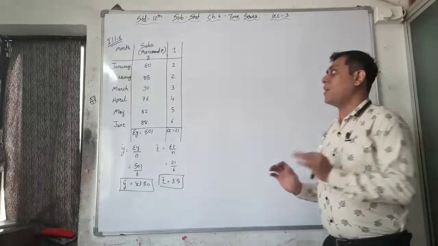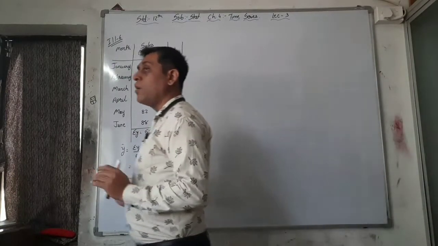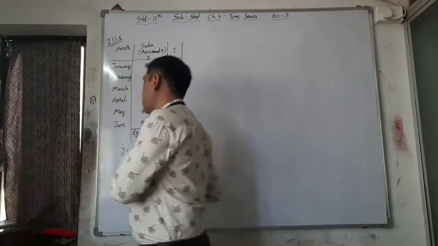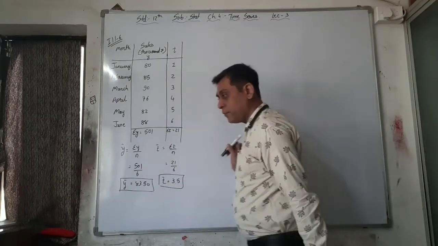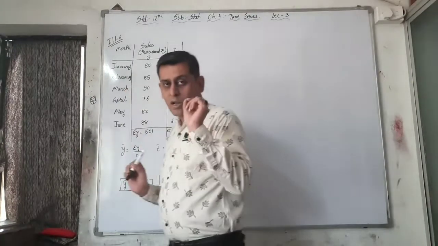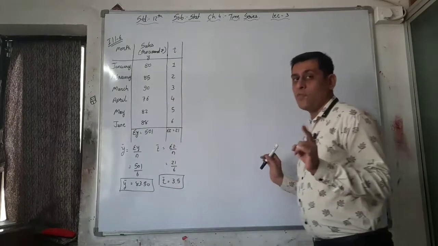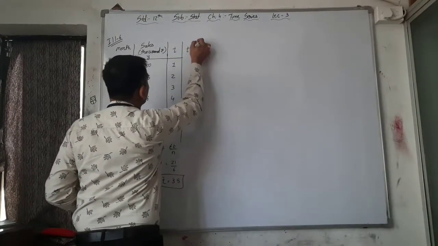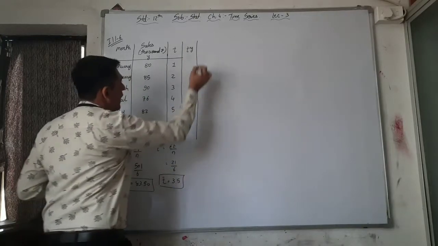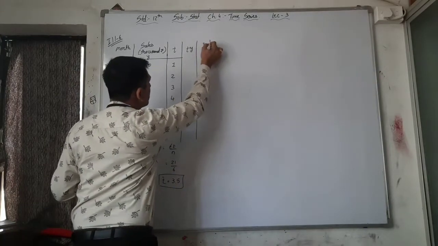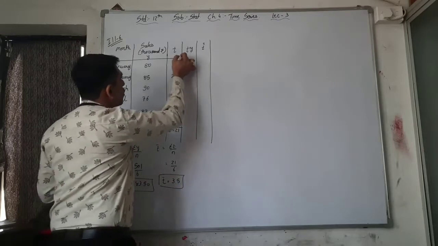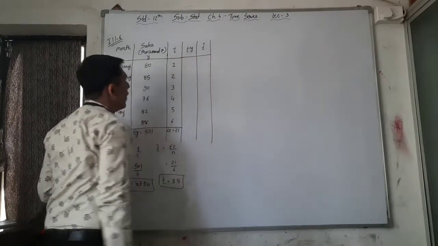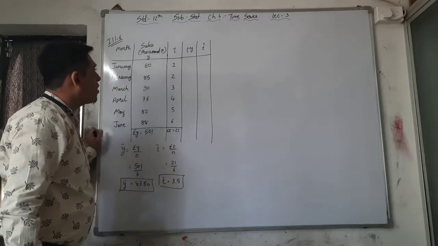Whenever the question is regarding trend, we first have to find these two values, Y bar and T bar. Now there is only one formula for that, so we have to make the Ty column, the multiplication column, and the T square column. These two columns are needed to find the linear equation for the trend.